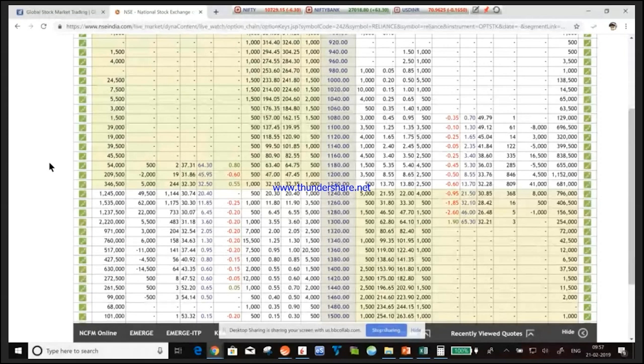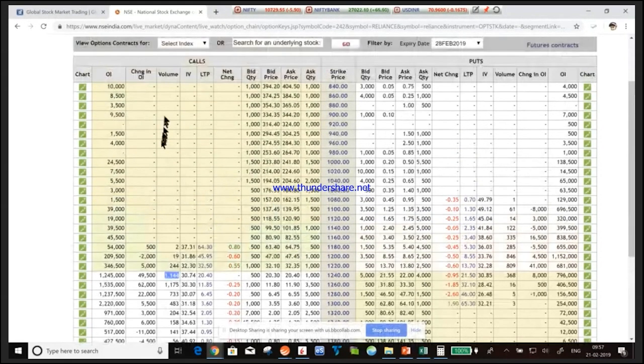No, this is what has happened today. And this is today's activity. So today if you see, volume is in terms of number of contracts. So 1144 contracts have been traded today.